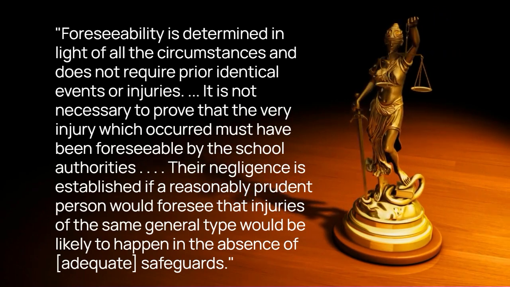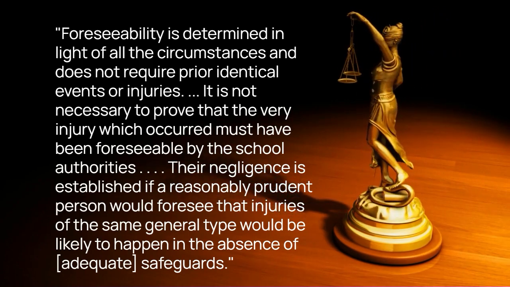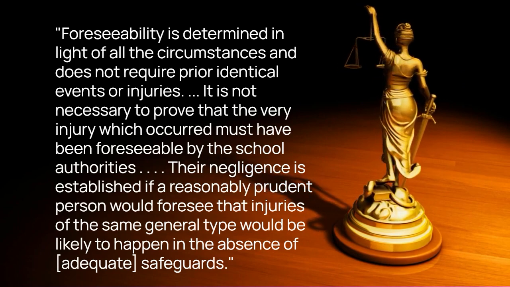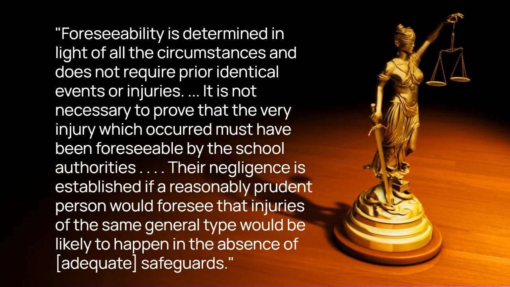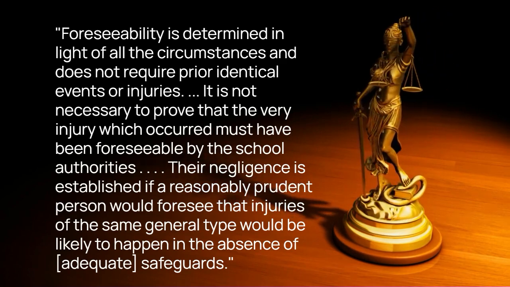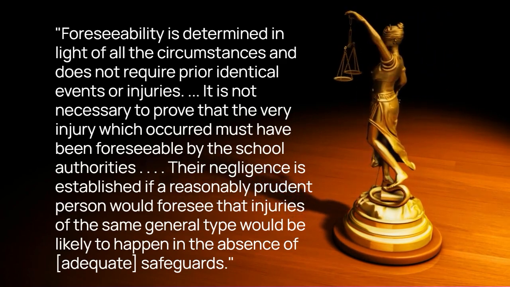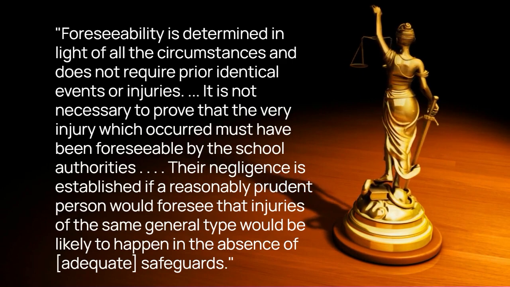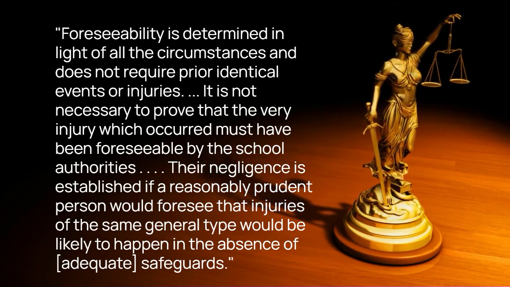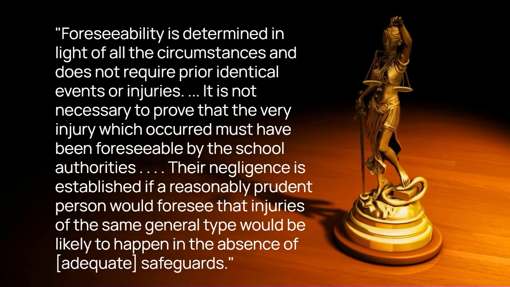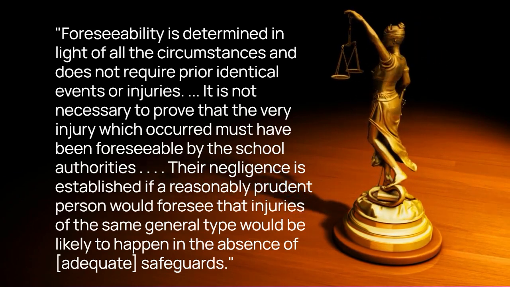It is not necessary to prove that the very injury which occurred must have been foreseeable by the school authorities. Their negligence is established if a reasonable, prudent person would foresee that injuries of the same general type would be likely to happen in the absence of adequate safeguards.